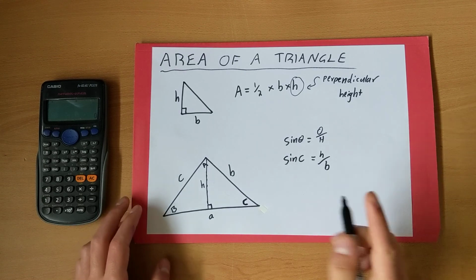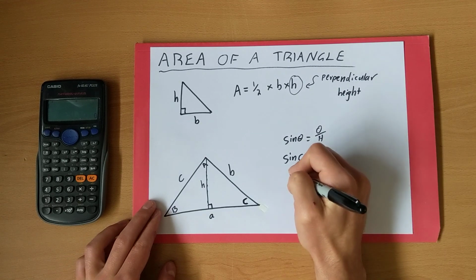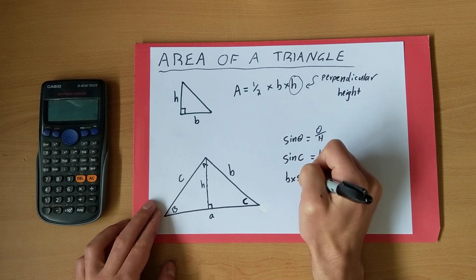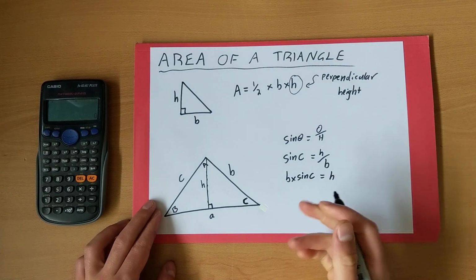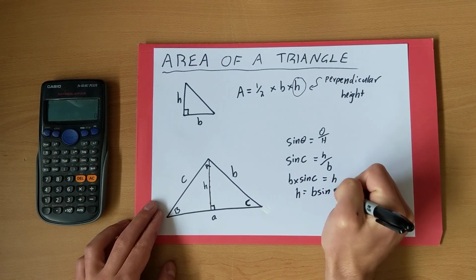Let's rearrange that to get what h is. If I multiply both sides of this equation by b, I'm going to get that b times sine C equals h, or I'm just going to write that as h equals b sine C.